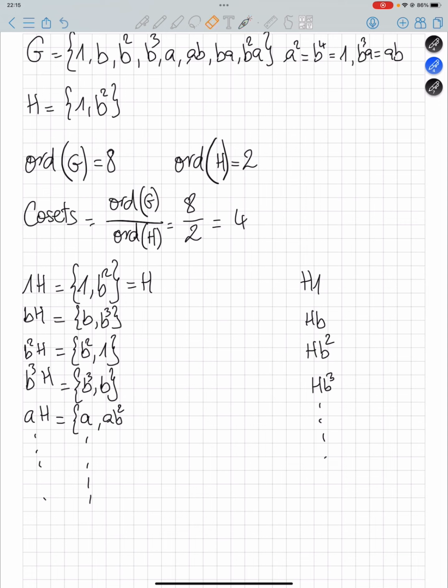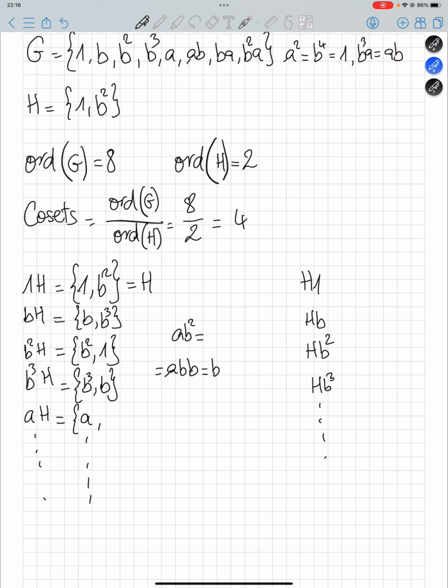So let's say A B square is equal to, as you can see here, AB is equal to B cubed A, right? So we have AB square is equal to AB B, and AB from here is equal to B cubed A, so this AB would be B cubed A.